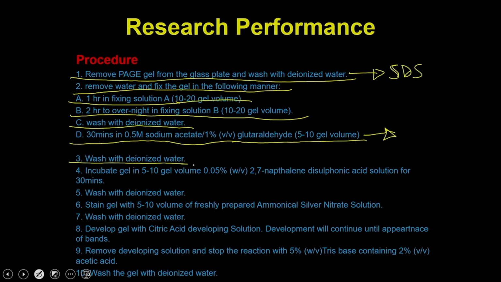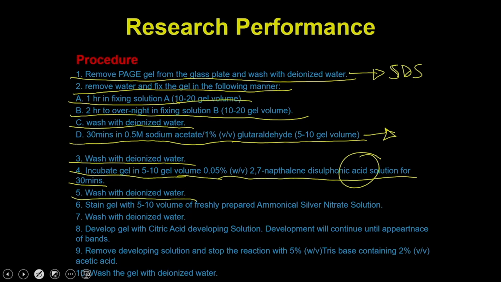Ultimately, you wash the gels with deionized water, and then you incubate the gel in 5 to 10 gel volumes of 0.05% naphthalene disulfonic acid for 30 minutes. This is an activator which is going to activate the protein, so that it starts accepting the silver.